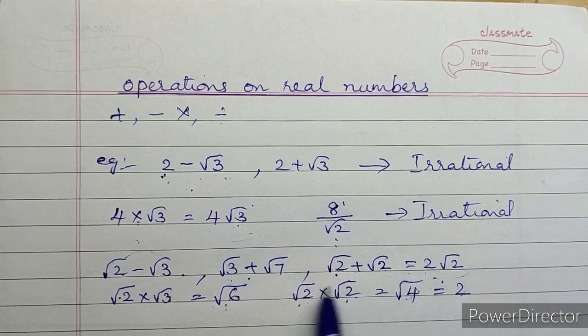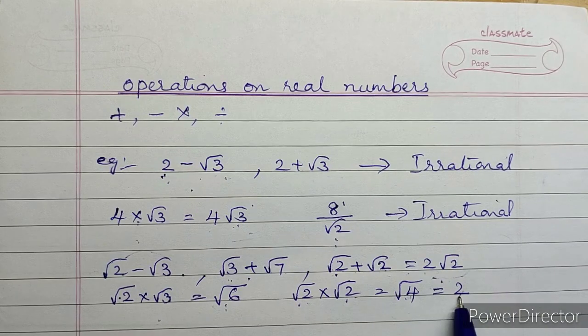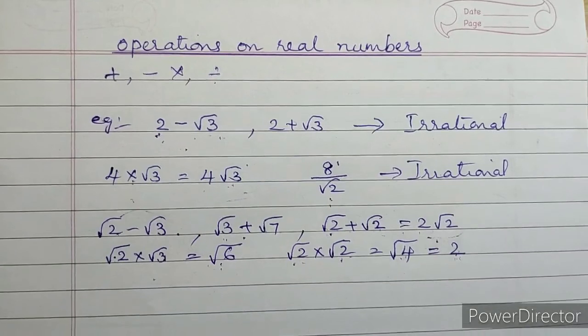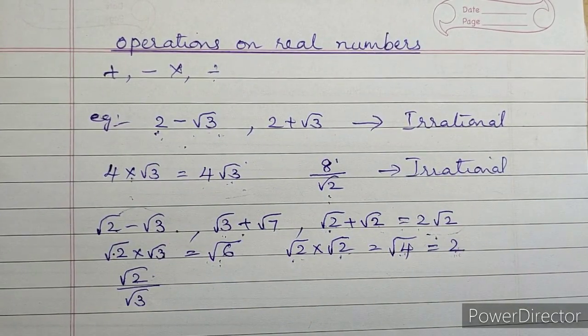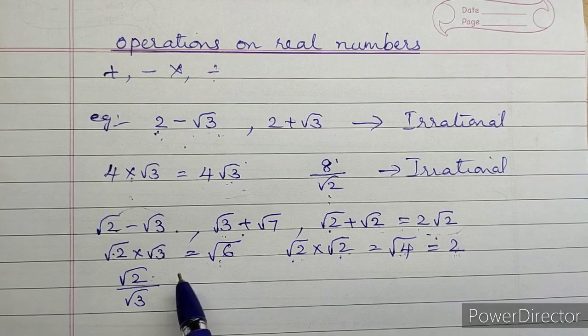So, in all these cases here it was irrational. Now see here, it is rational. Similarly for division also, root 2 by root 3, you can't do anything. This is irrational.